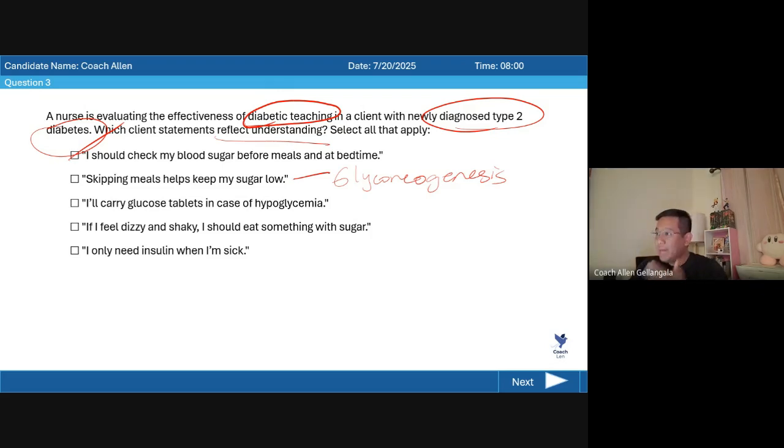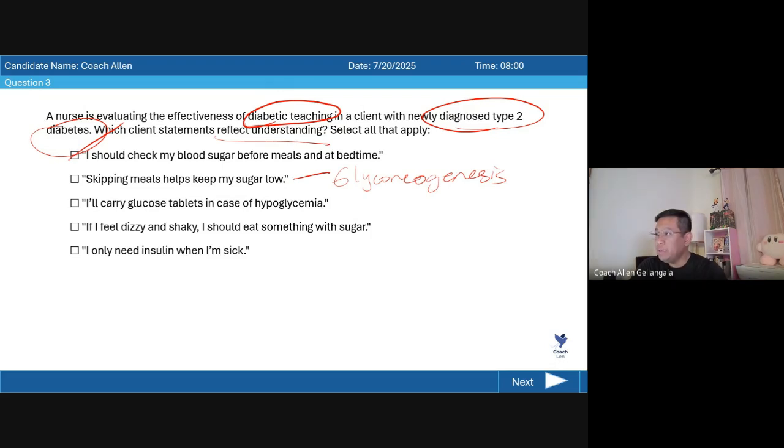And then you're going to add glucose to it. Simply putting it, to make it easier for everyone, you're adding unnecessary glucose when it's supposed to be supported by insulin already. So skipping meals is not the best way to do.